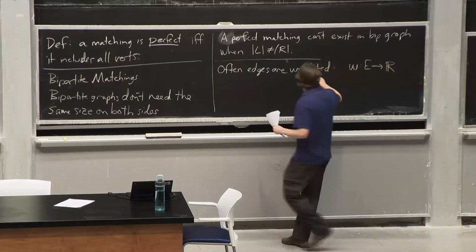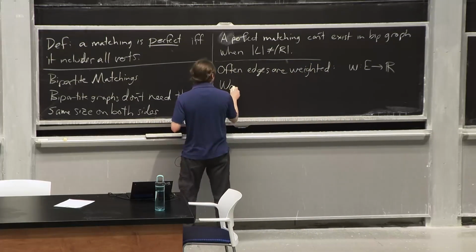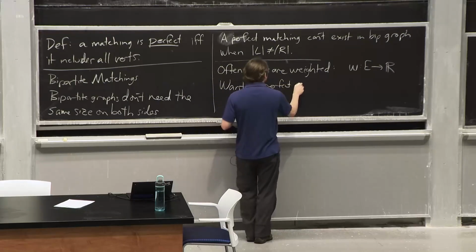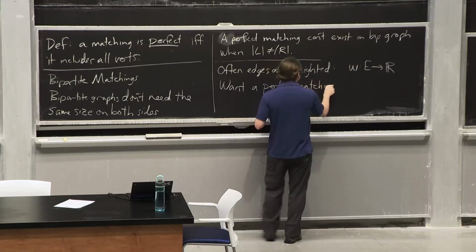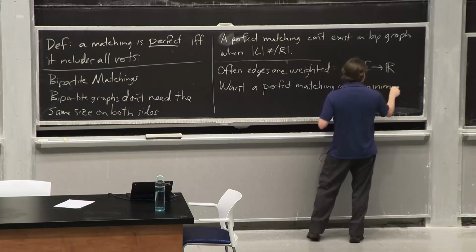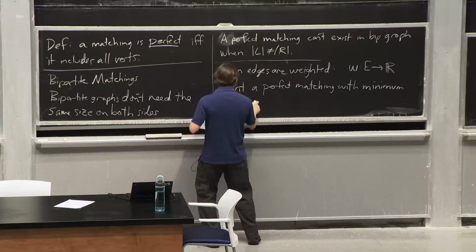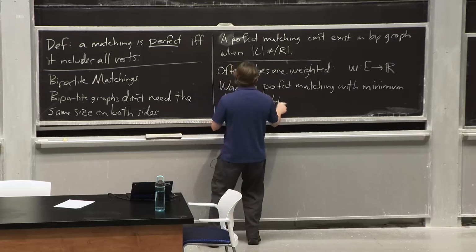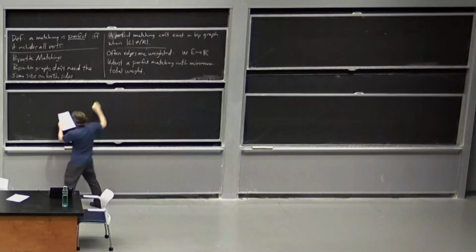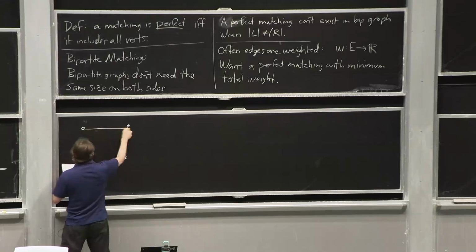But often when we have a weighted edge like this, we want a perfect matching with minimum total weight. As an example of that, here's a nice bipartite graph.